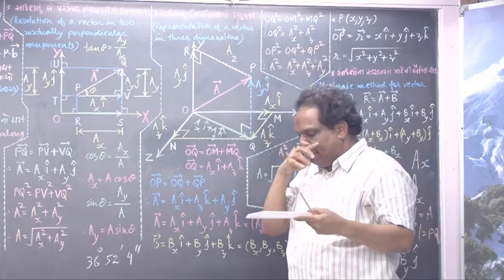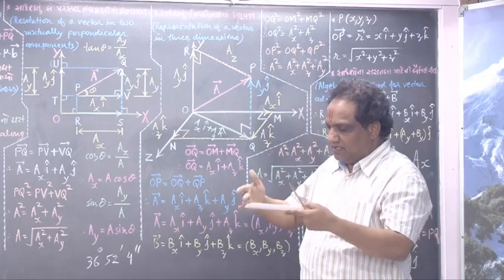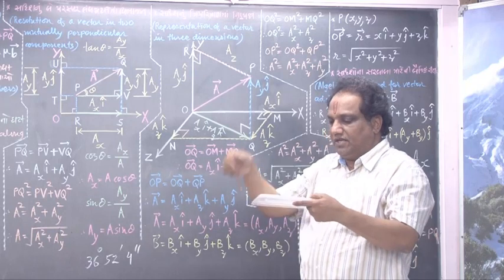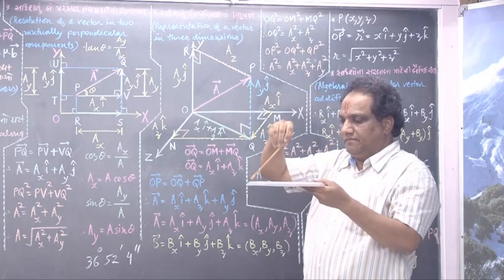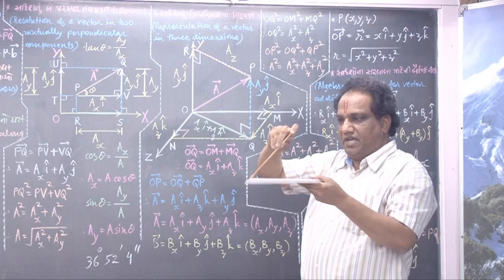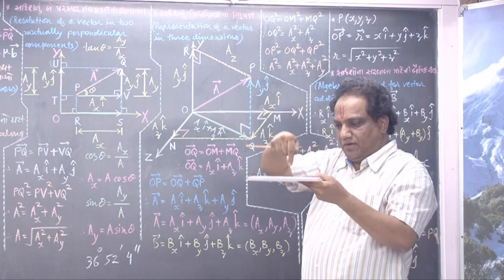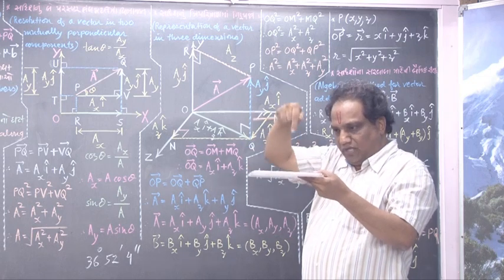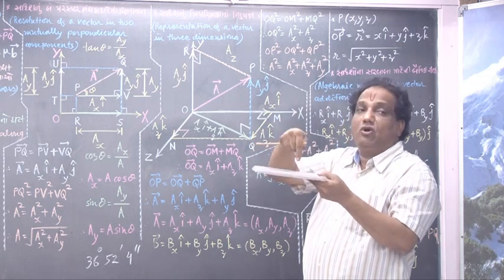Look, this is the x-axis, this is the z-axis, and this is the vector. So this is the head. From this head, I draw one perpendicular.